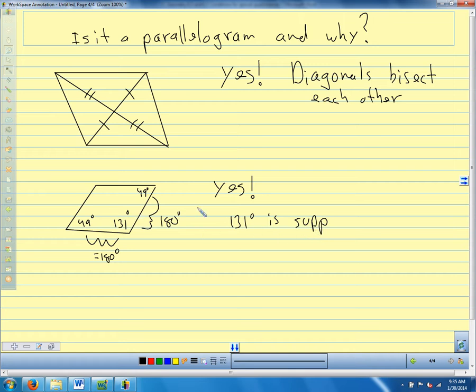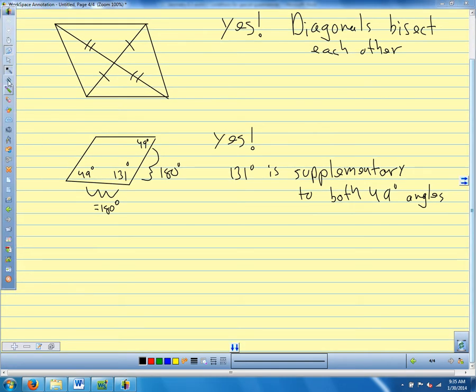So based on what we said today, 131 is supplementary to both the 49-degree angles. So those are both of its consecutive angles. Last one. This one should be really easy, hopefully.